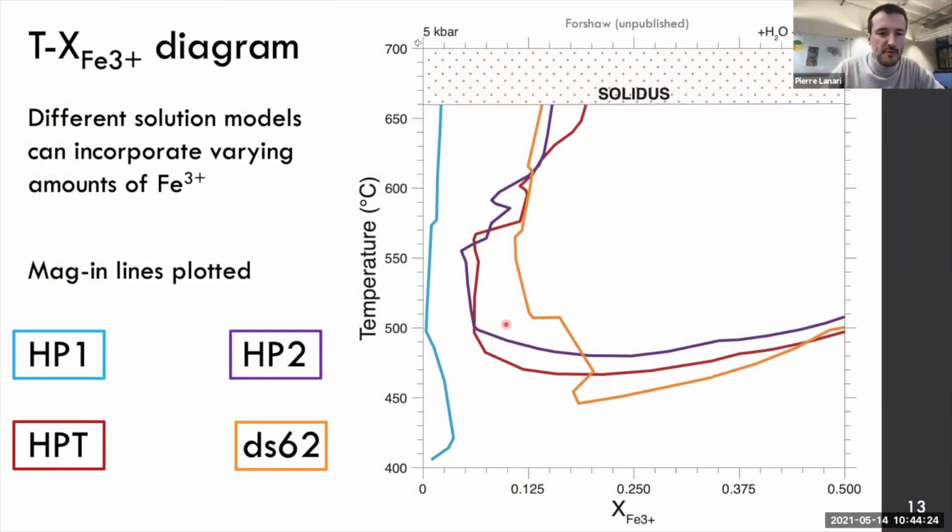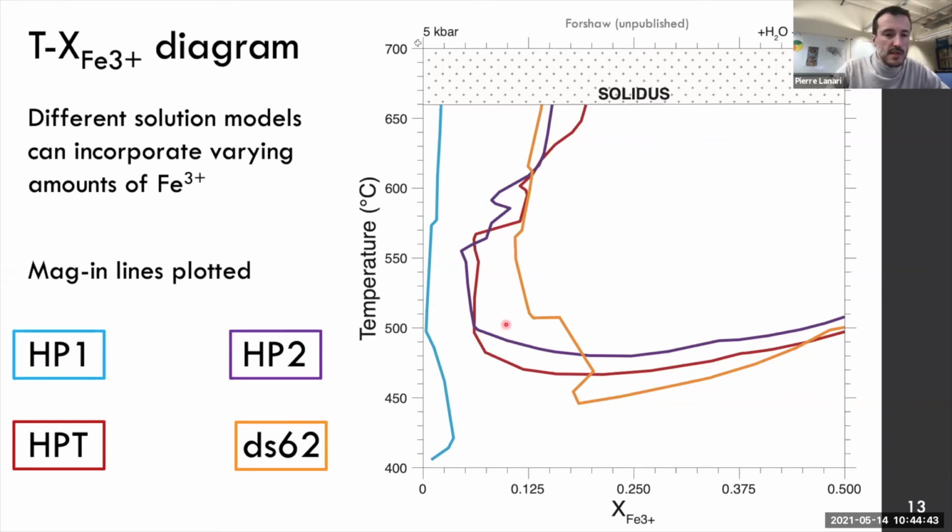Thanks, Jacob. I have a comment on this figure that the idea to make a temperature XFe3+ diagram to see the oxide stability is a very good idea. So it's super helpful. And maybe just a clarification on that diagram.